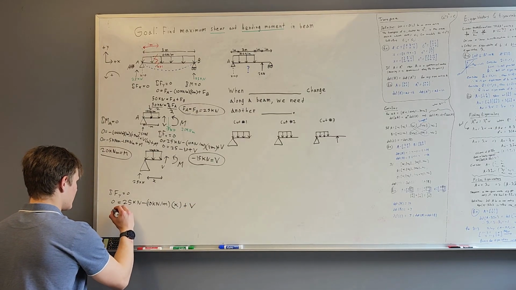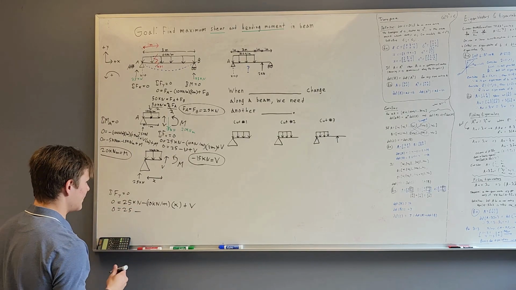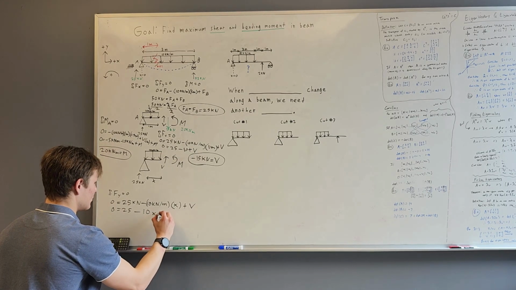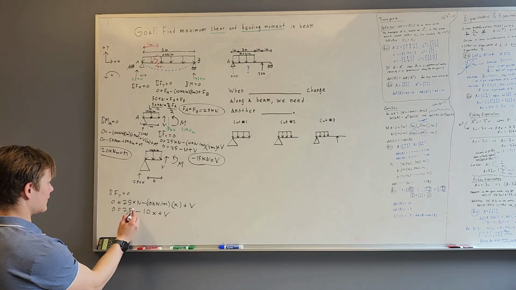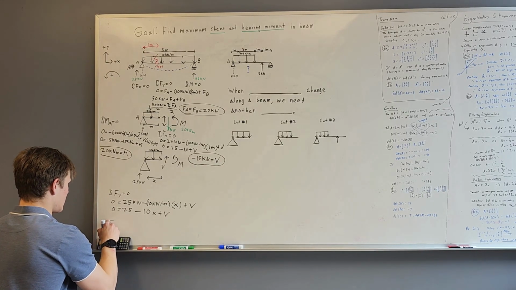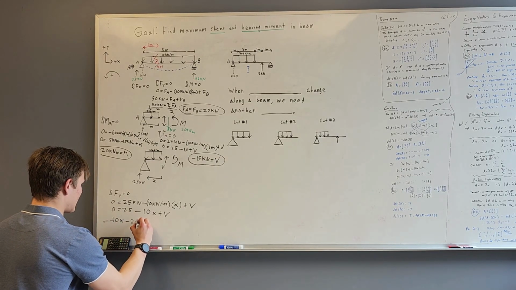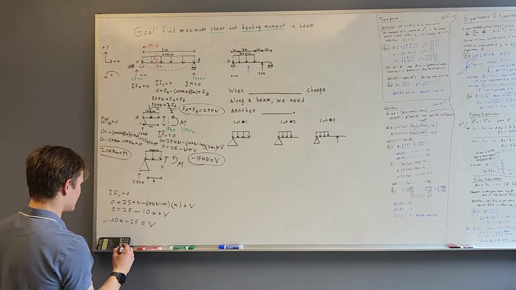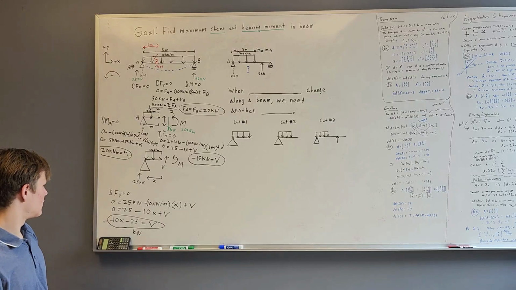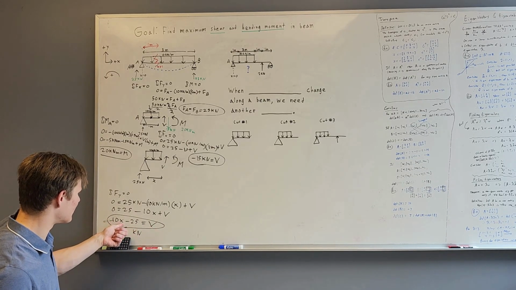So then we get 0 equals 25 take away 10 times x, plus V. And then we move these over to the other side and we get 10x take away 25 equals V. And this will be in units of kilonewtons. So there we go. We now have an equation for shear at any point along our beam x.